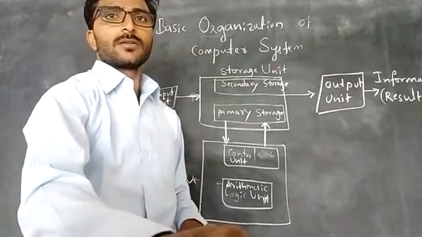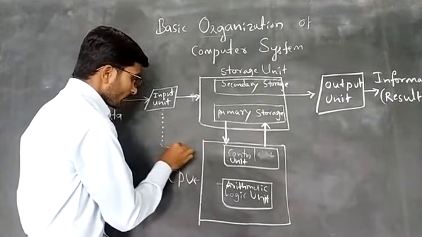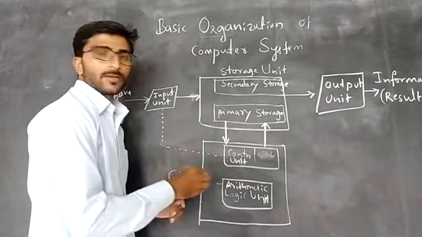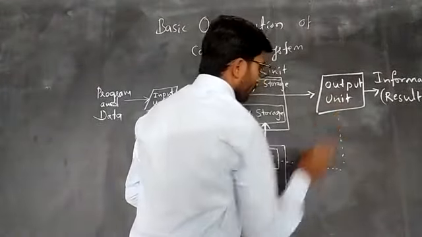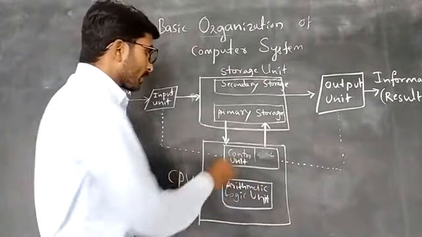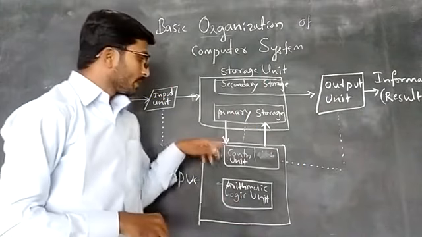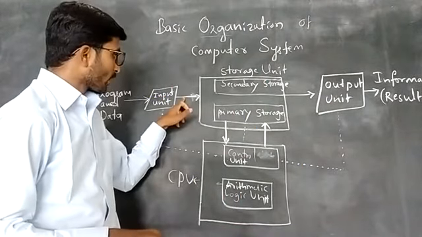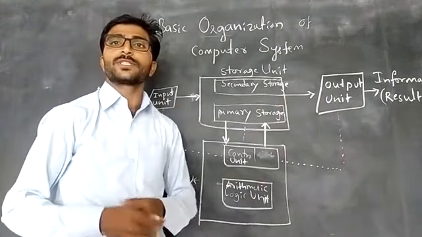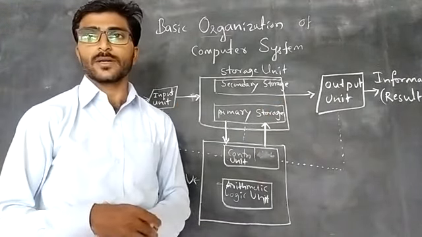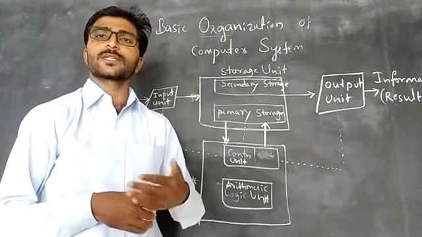After that here, there is a dotted line, and after that here also a dotted line. What does it indicate? The arrows I drew here indicate the flow of instructions and data, how data, instructions and programs are flowing.